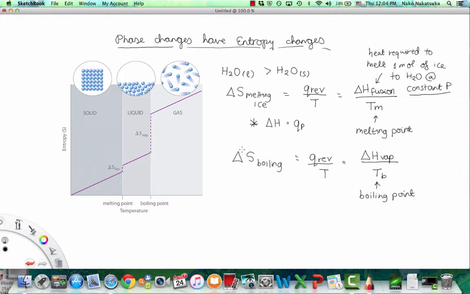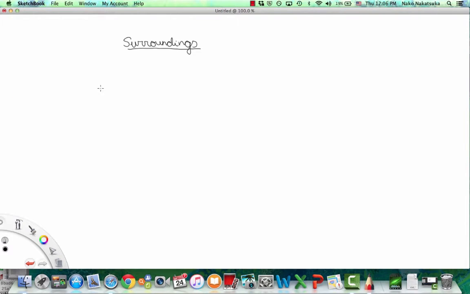So we've been talking a lot about the system or the reaction itself, but I wanted to briefly talk about what's happening in the surroundings. So at constant temperature, an exothermic process in the system causes heat flow into the surroundings, right? And so the system loses heat, which can be written as the delta S of the system, which is Q reversible over T, is going to be negative because it loses heat.